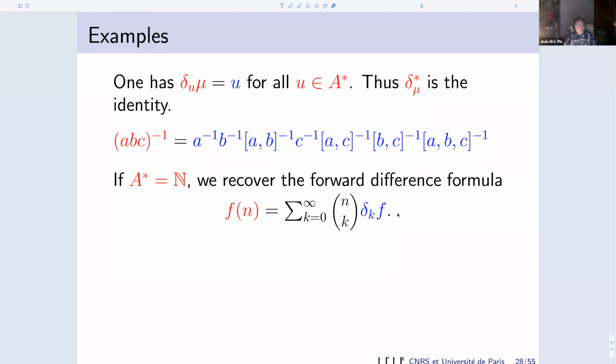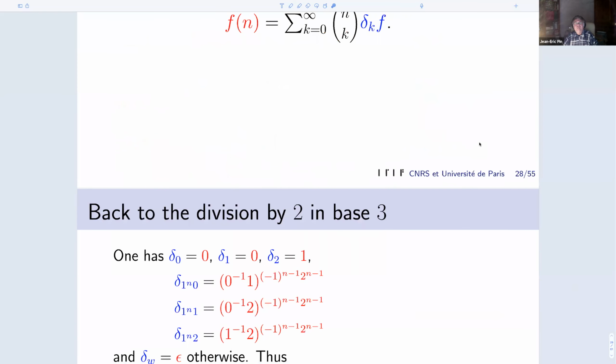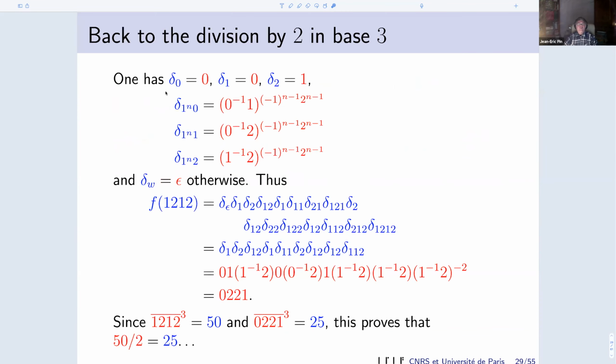Let's have a look now at our more complicated example, which was a division by 2 in base 3. I just remind you that this little formula gives you this coefficient, delta W. I omitted the f, but here they are. And the other coefficients are epsilon. If you apply the formula to f of 1, 2, 1, 2, you get this.